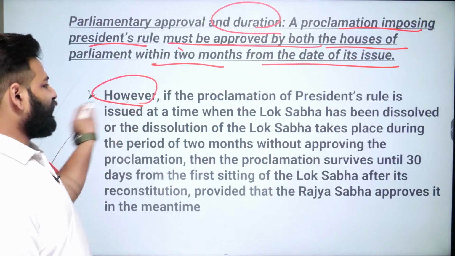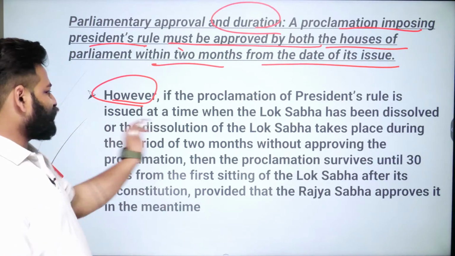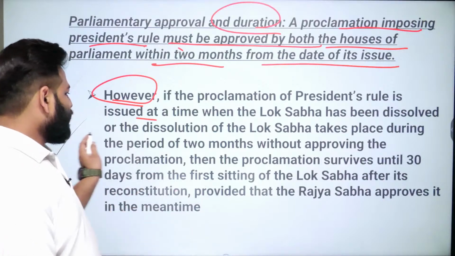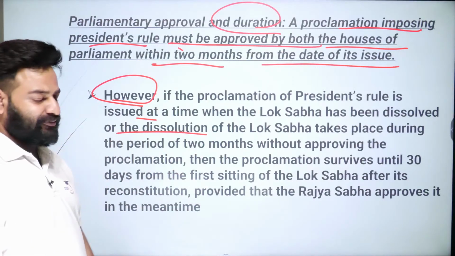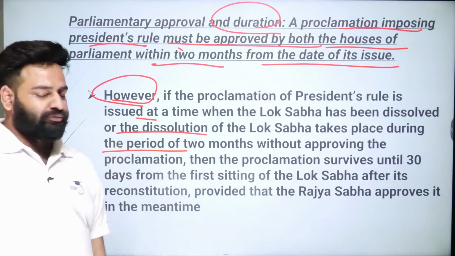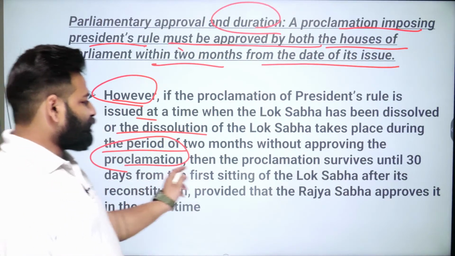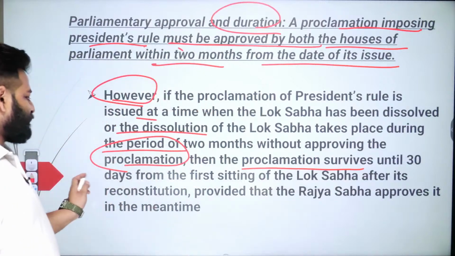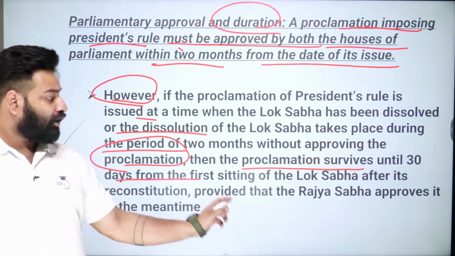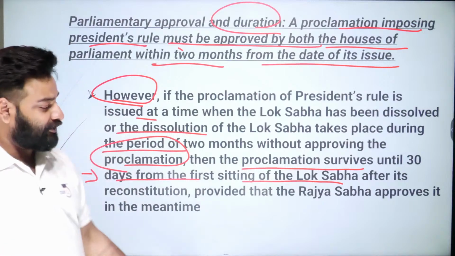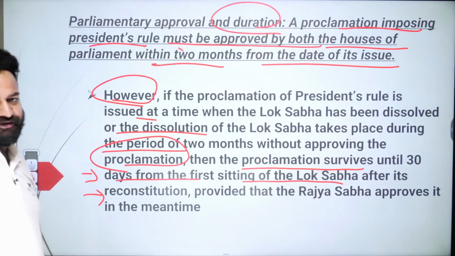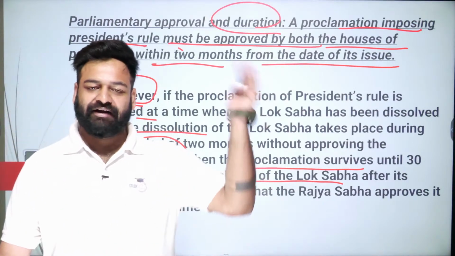However, if the proclamation of President's rule is issued at a time when the Lok Sabha has been dissolved, or the dissolution has taken place during the period of the 2 months without approving the proclamation, then the proclamation survives, the very same 30 days from the first sitting of the freshly constituted Lok Sabha, provided in the meantime Rajya Sabha has passed it. So it is the very same procedure as we had in emergency.